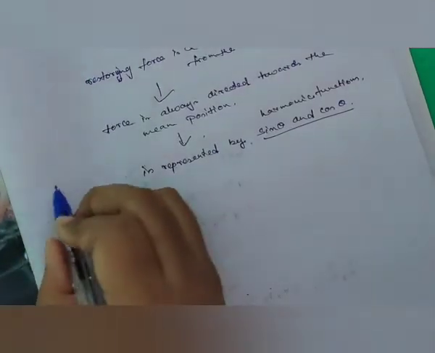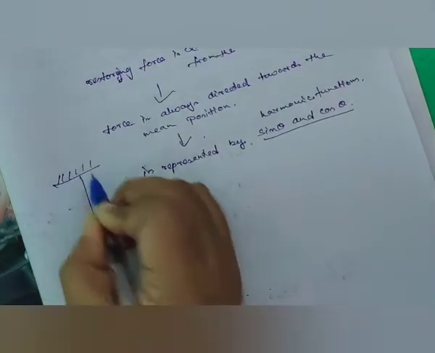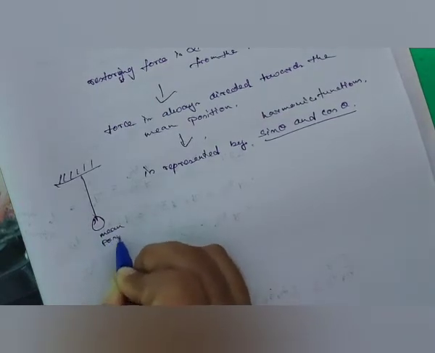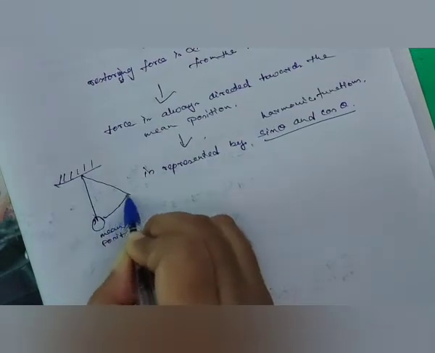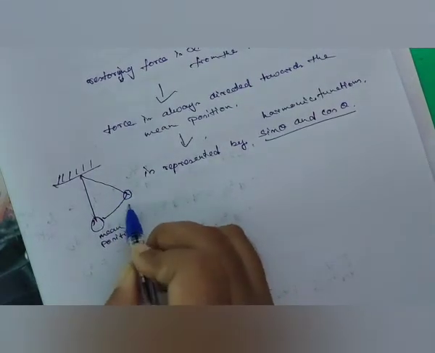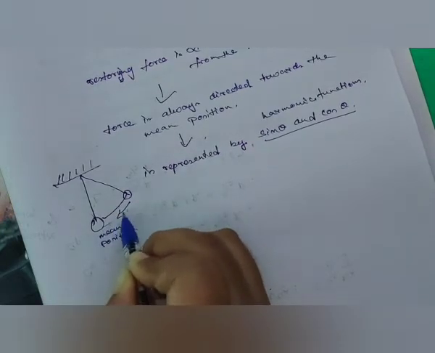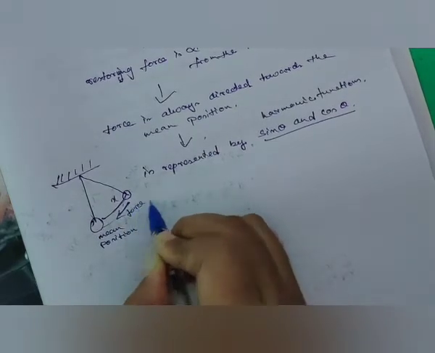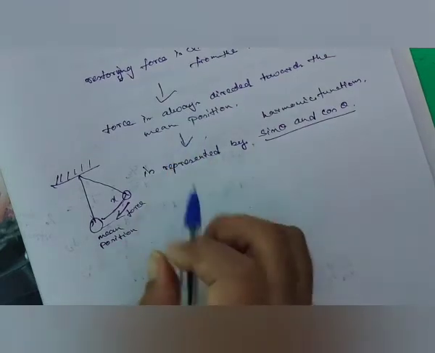Now suppose I take the example of a pendulum, this is the mean position. If I displace it in this direction, then a restoring force will act towards the mean position. So the displacement and the force are opposite to each other. So this is the SHM.